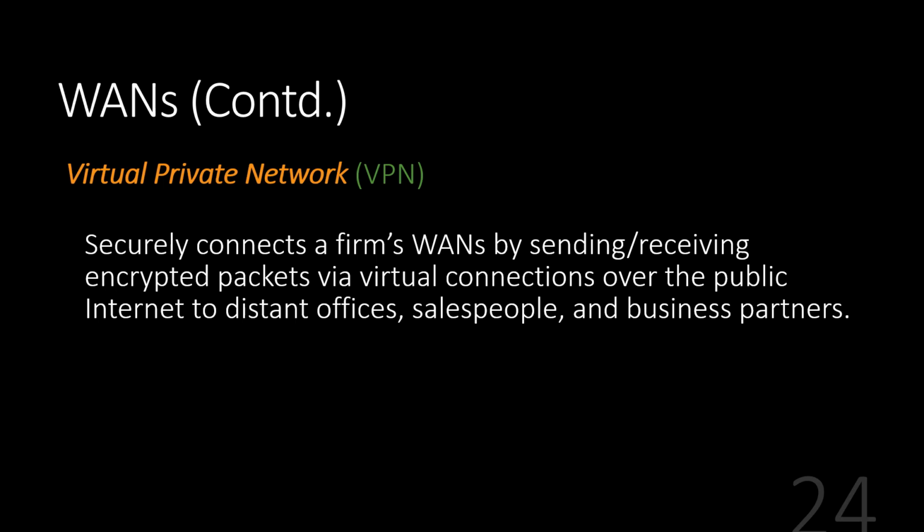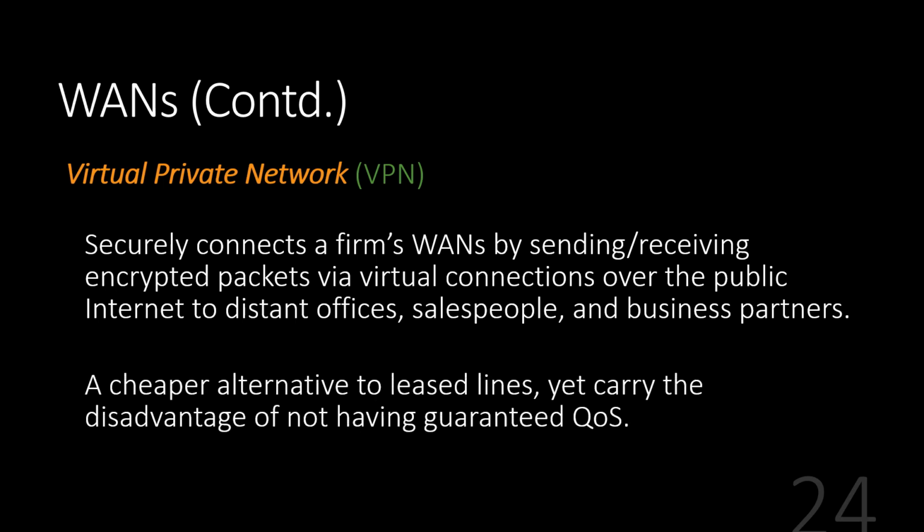So VPN allows us to use the public internet and use encryption to communicate as if we were on our own private set of hardware tools and networking tools. So it's a lot cheaper than having your own dedicated lines that the internet service providers give you.